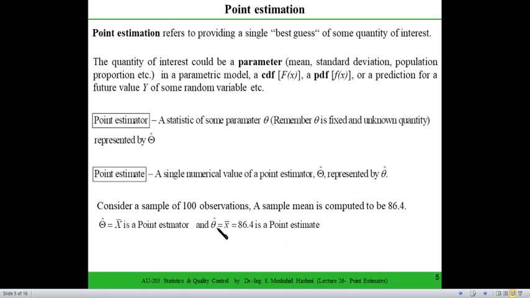And theta cap is actually the value of that sample mean. So we usually represent the value of the sample mean by small x bar.